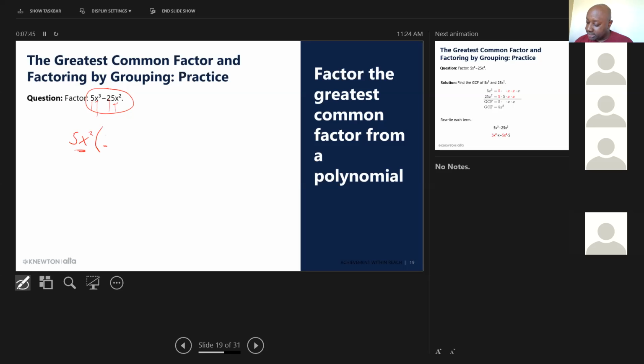X squared times x would give me x to the third. Okay, then minus 5 times what would give me 25? Well, that's 5. Then x squared times what would give me x squared? Well, that's just 1, which I don't have to write.